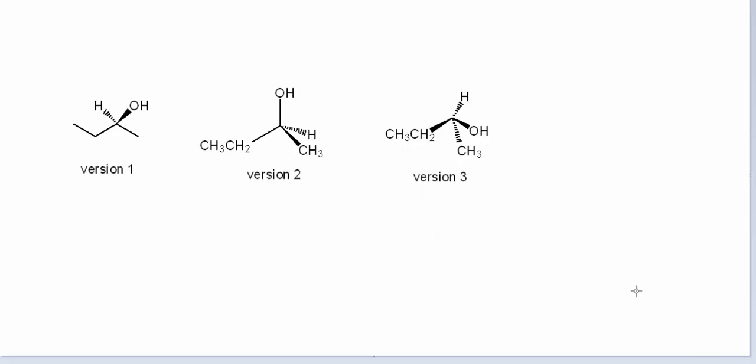Alright, let's return to the alcohol with one chirality center, for which I had drawn different 3D formulas. Let's apply the Cahn-Ingold-Prelog rules to determine the configuration of the chirality center in the alcohol molecule.